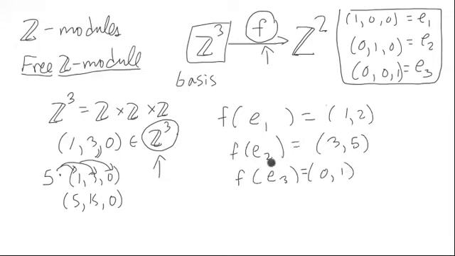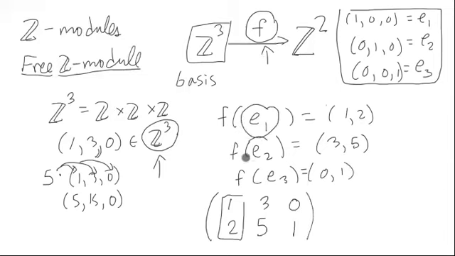I'm going to put all of this data into what I'll call a matrix as follows. The image of e1, I'm going to put right here as a column in the first position. The second image, e2, I'll write as a column (3, 5). The third one, I'll write as a column (0, 1). So this matrix encodes the information of where each one of the standard basis elements is sent.